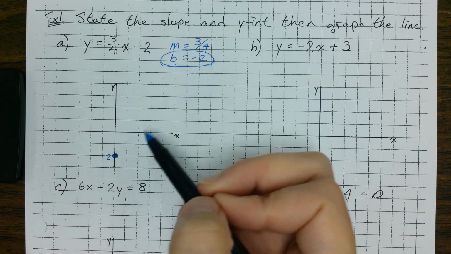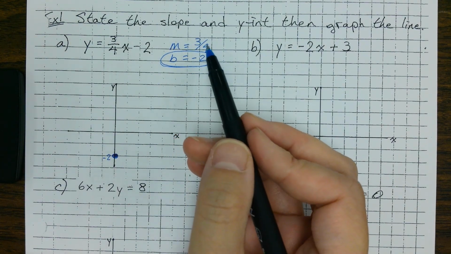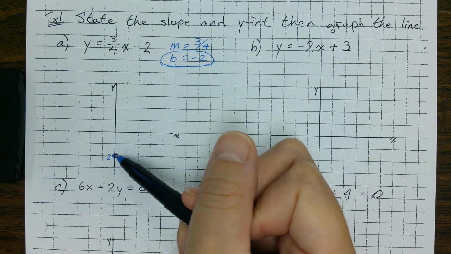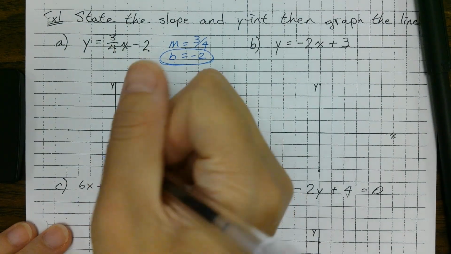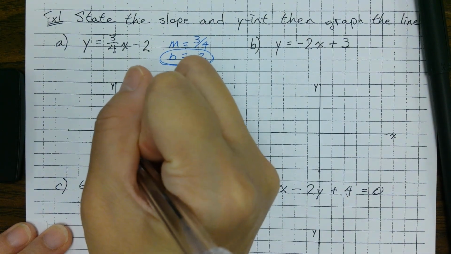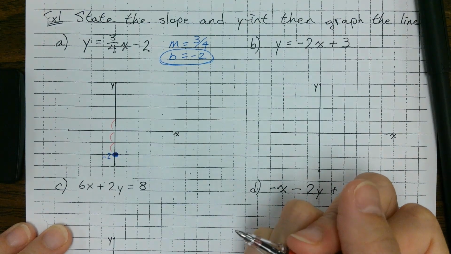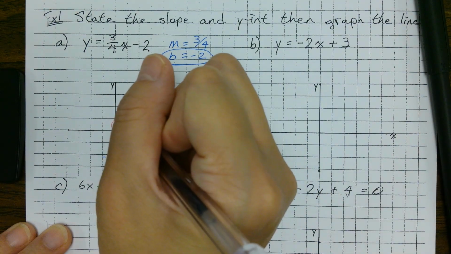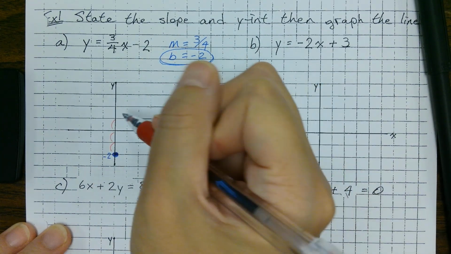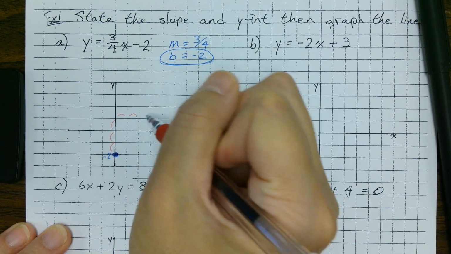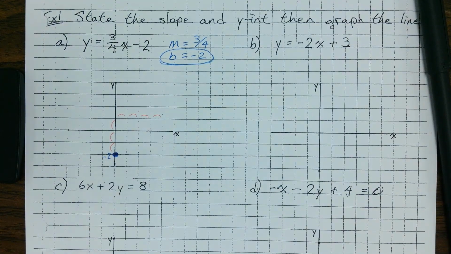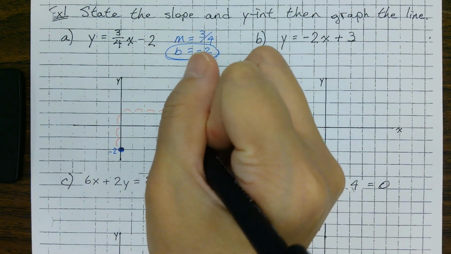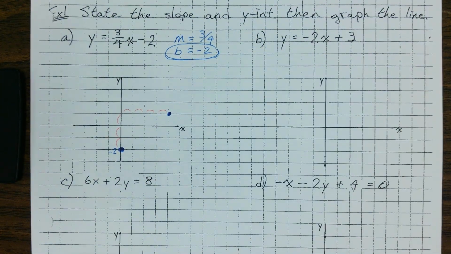Okay, and then from that point, I'm going to do my slope. Remember, my slope is rise over run. So I'm going to rise 1, 2, 3, go up the elevator 3 floors. And then once I get out, I run to the 4th door to the right, which brings me to my second point.